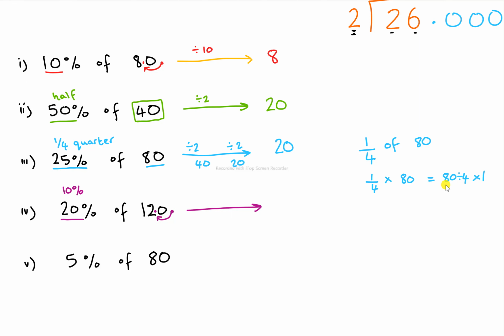So we know 10% is 12. And then I want 20%, so I want another 10%. So I want another 12. So I've got 24.